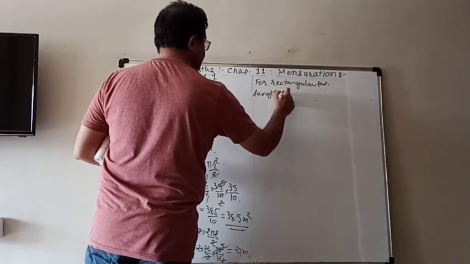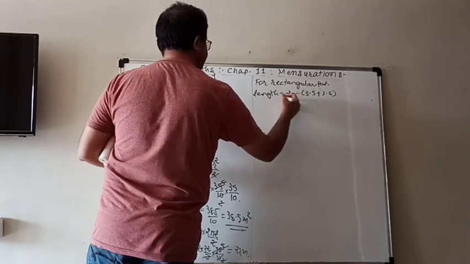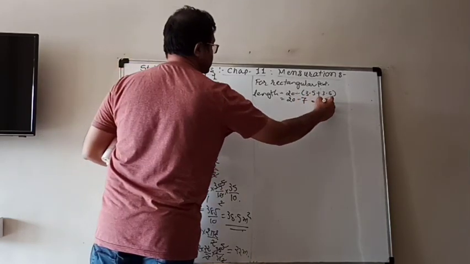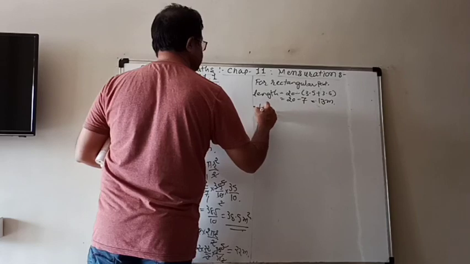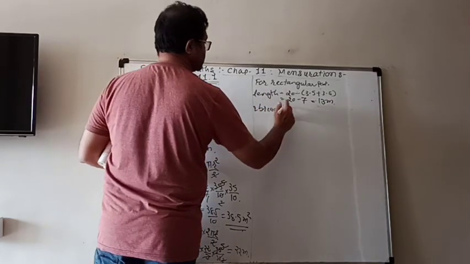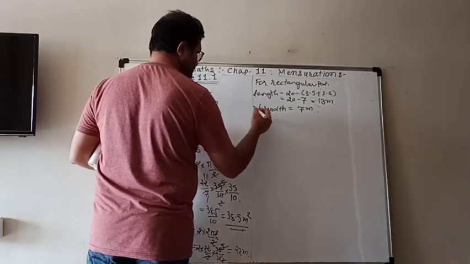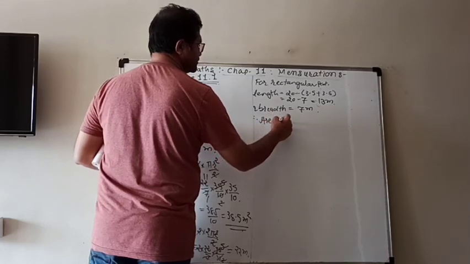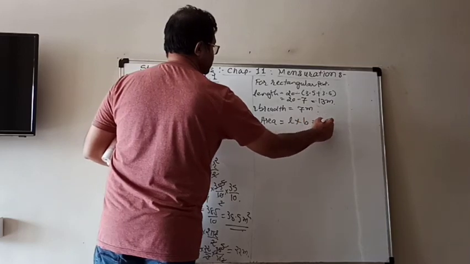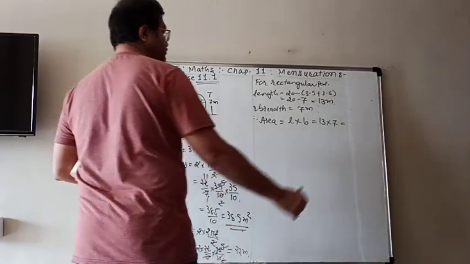So length is equal to 20 minus 3.5 plus 3.5, that is 20 minus 7, and that is 13 meter. And breadth is already given, 7 meter. Therefore, area is equal to length multiplied by breadth, that is 13 multiplied by 7, so 91 meters square.